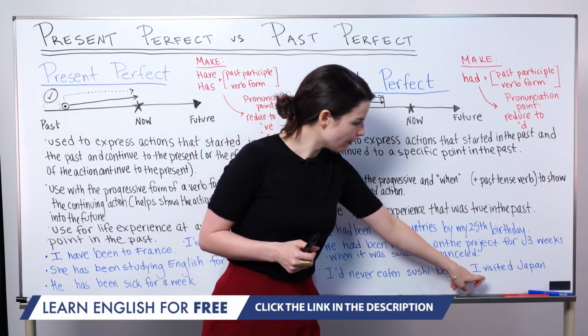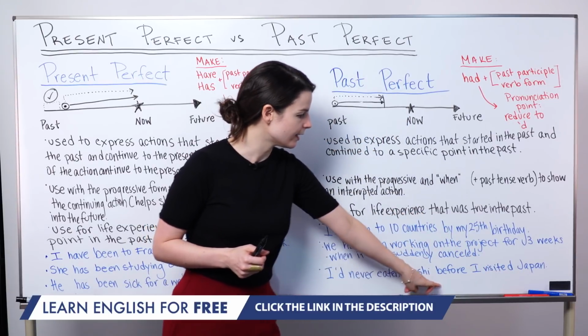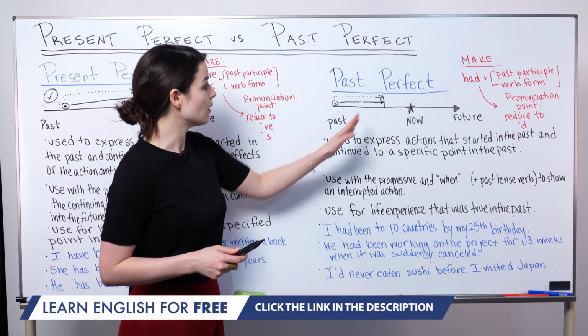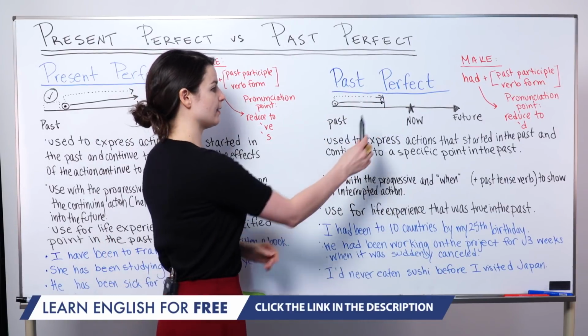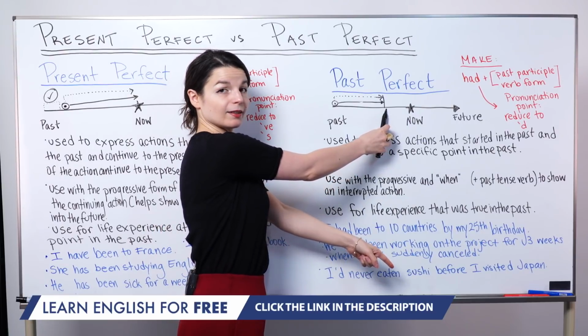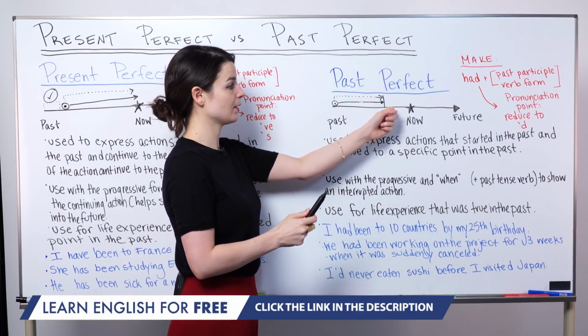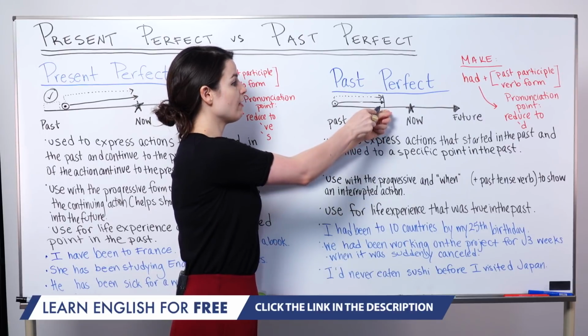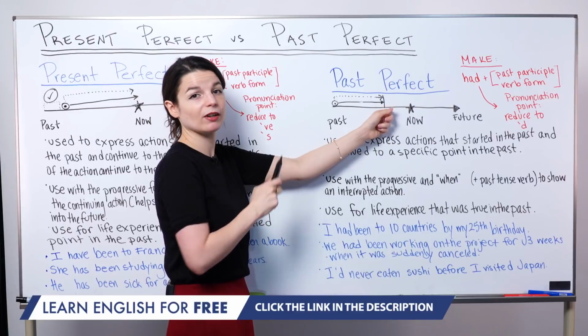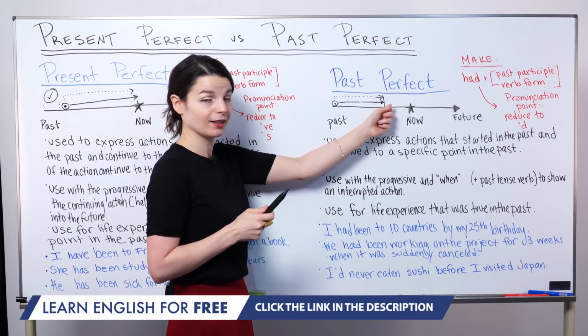So here we have a good hint, a past tense situation, a past tense clause. So before I visited Japan, here's a key point in time. So the speaker has had the experience of visiting Japan. Before that, the speaker did not have the experience of eating sushi.